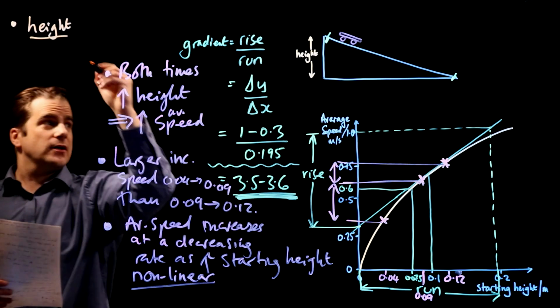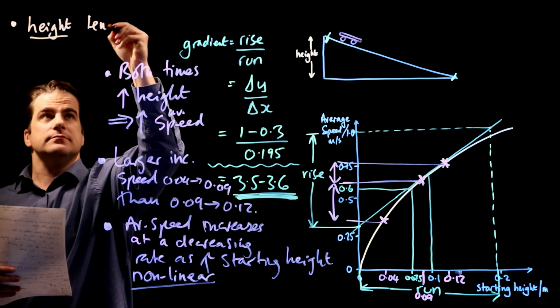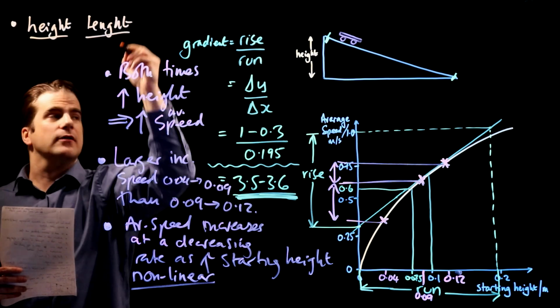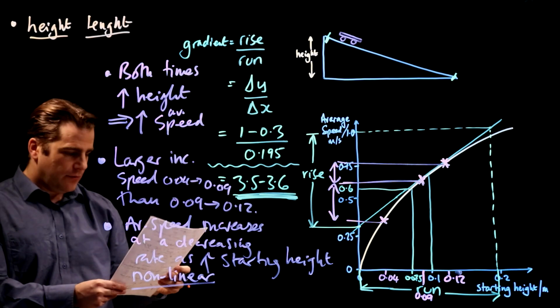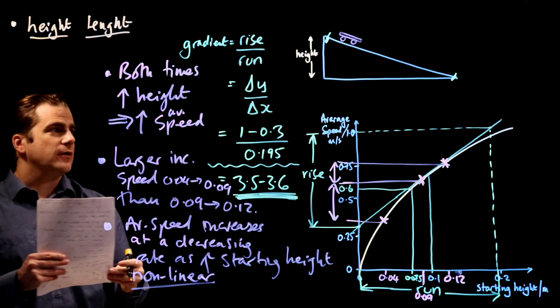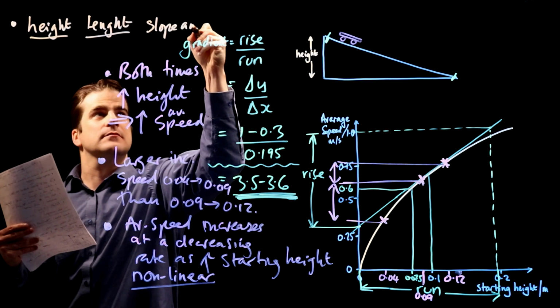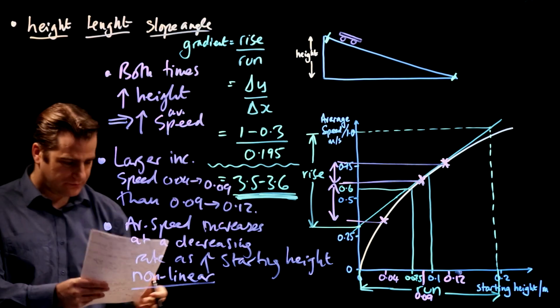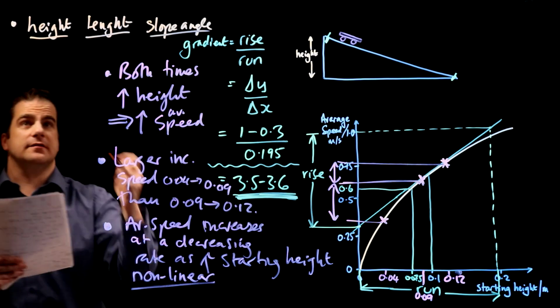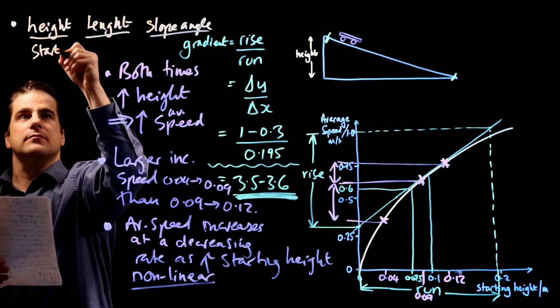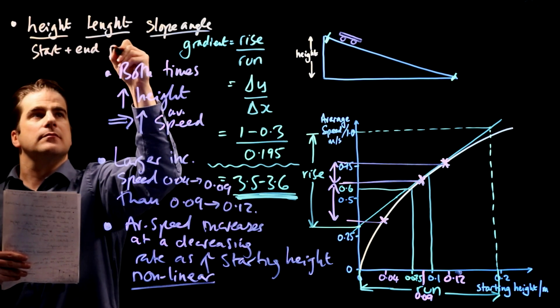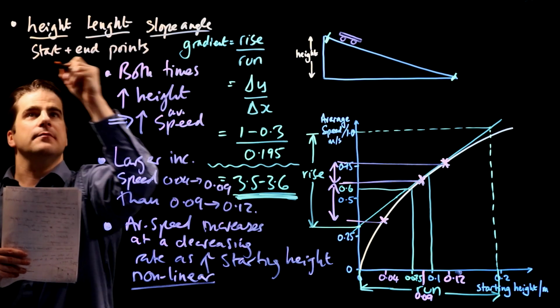So we're going to keep height constant, we're going to keep length of the ramp constant, we're going to keep the angle, again, it seems obvious, like the slope angle, constant. Anything else? The start and the end points. Okay?